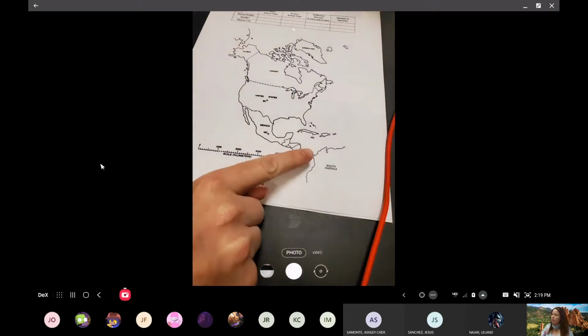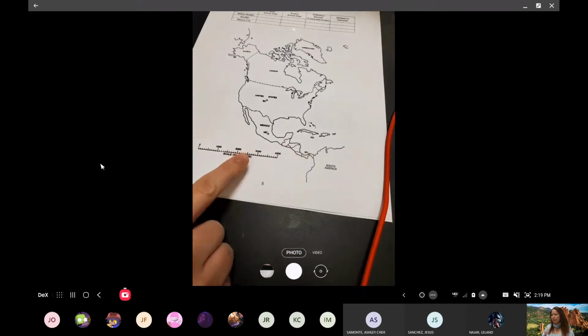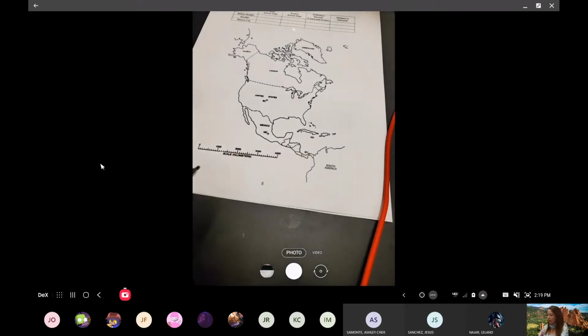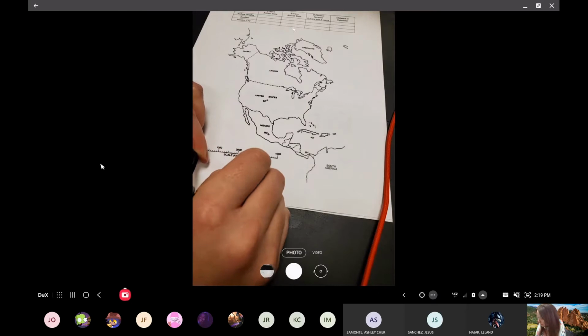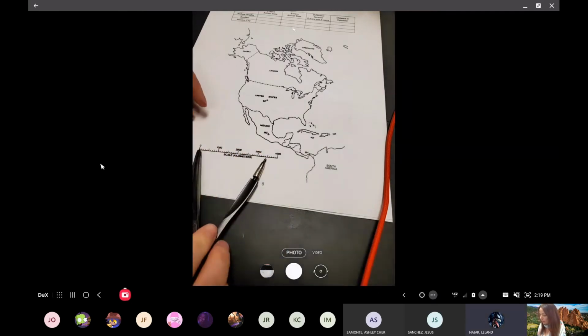So Balboa Heights is all the way down here, Panama. And then I've got to measure out with my protractor 3,400. Granted, this is going to be very estimated. I put my pin on 0. Hi. Doesn't give you a key.